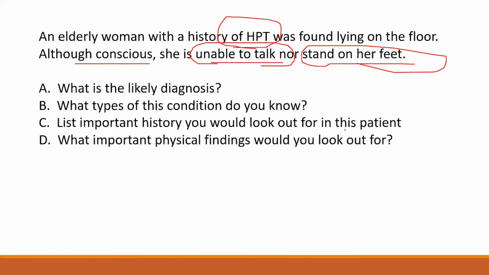What important physical findings will you look out for? Physical findings. So under physical findings, you are going to be looking for what? Loss of consciousness. Facial palsy. So somebody having stroke, what are some of the things you're going to see? That's what I'm mentioning. Loss of consciousness, or the level of consciousness will be reduced.